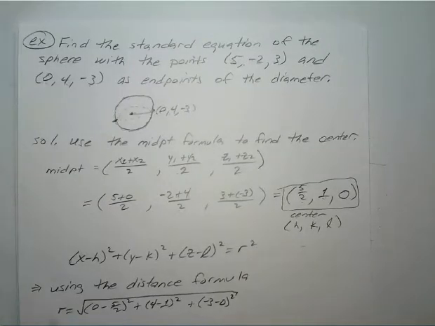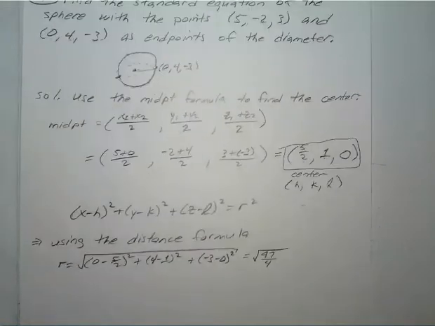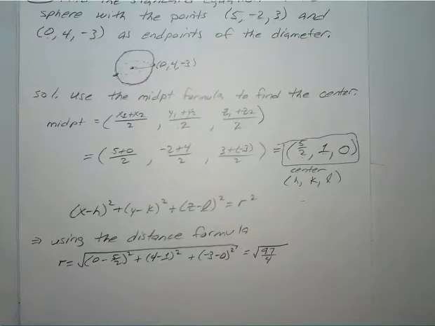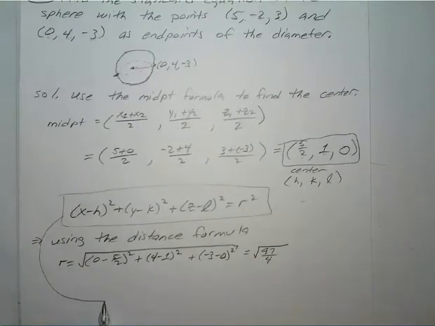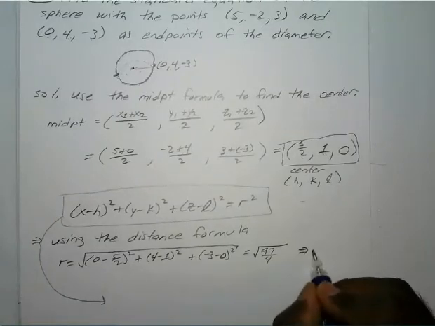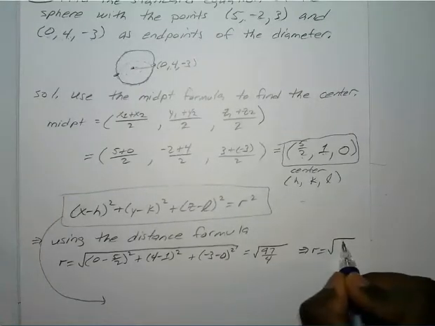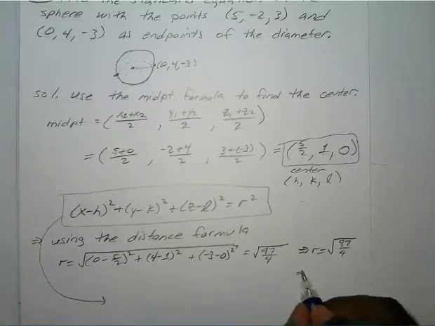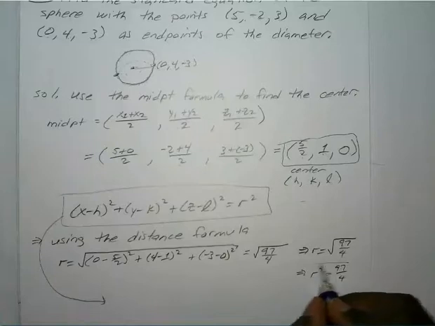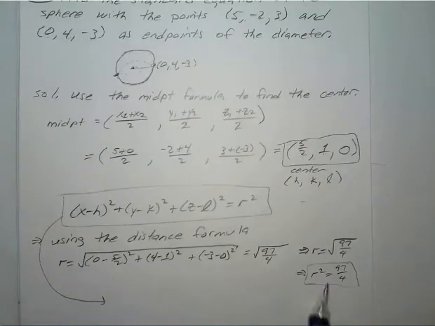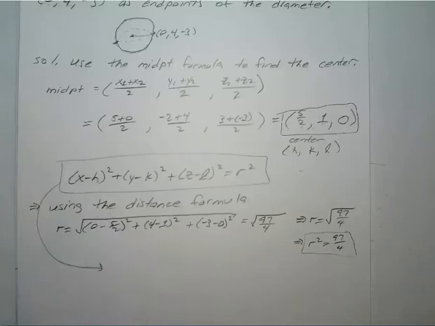So if you add up all that in there, you will end up with the square root of 97/4. Now remembering this formula here, r is equal to the square root of 97/4, but r squared is just 97/4. So we have our center and we have our radius, which means we can plug it right into this formula.